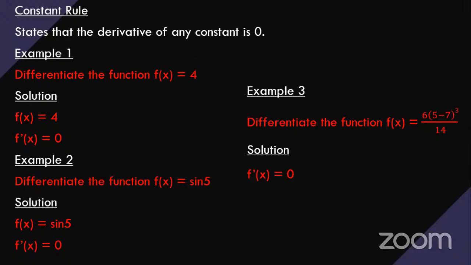When we differentiate the function f of x equals 6 times (5 minus 7) cubed divided by 14, they are all constants. There is no function of x in them. When we differentiate this, what we'll get is also 0.